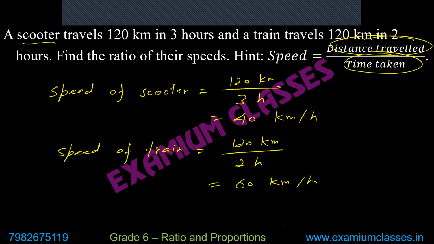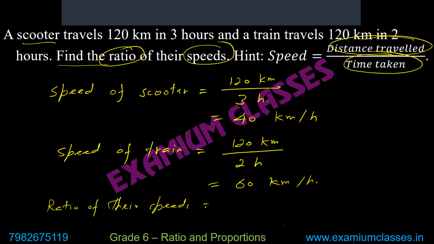Now we have to calculate the ratio of these two. So ratio of their speeds will be 40 divided by 60, that is 2 by 3, that is 2:3. That is the answer.